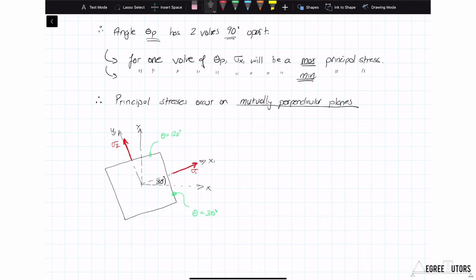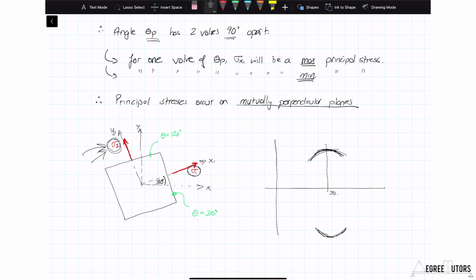And that's why when we plotted how sigma x1 varied with theta, which I've relabeled sigma 1 here, we saw it had a local maximum at about 30 degrees. And then when we compared that with the plot for how sigma y1, relabeled here as sigma 2, varied with theta, we found that at the very same time sigma 1 was at a maximum, the graph describing how sigma 2 changed with angle was at a minimum.